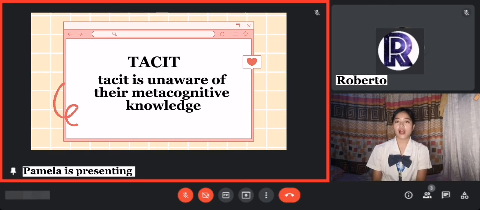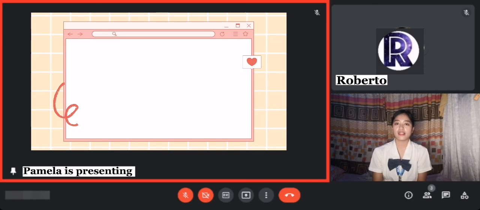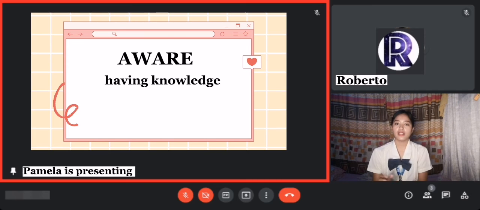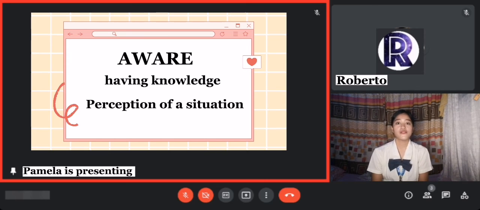They don't think about their thinking. The second one is the aware, having knowledge and perception of the situation. Kutob rasa, hunahuna, without action, generating ideas, finding evidence, and so on.